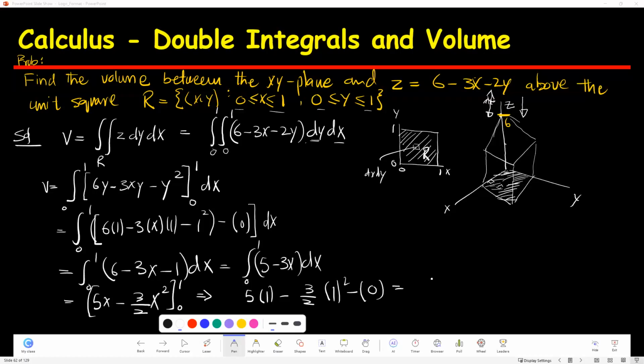It's going to be 5 minus 3 by 2, and minus 0 by the way. This is equal to 10 minus 3 divided by 2, which is 7 over 2, and that is my volume of the region.